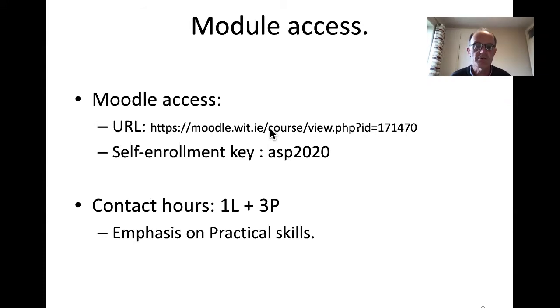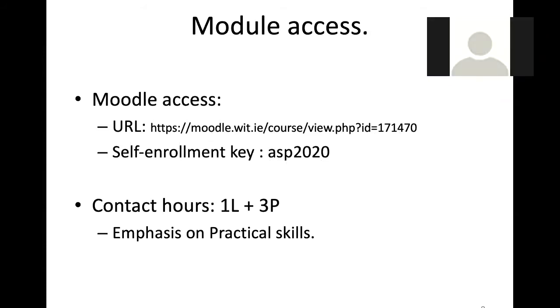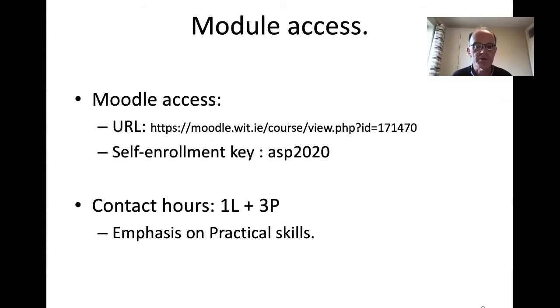If you literally enter that URL directly into a browser, you'll be asked for an enrollment key, and that's the enrollment key for this year. So as I say, if you can't see my module on Moodle, that's a way of enrolling yourself. Alternatively, you can email me, but try this route first. And if that doesn't work, then email me and I will enroll you.